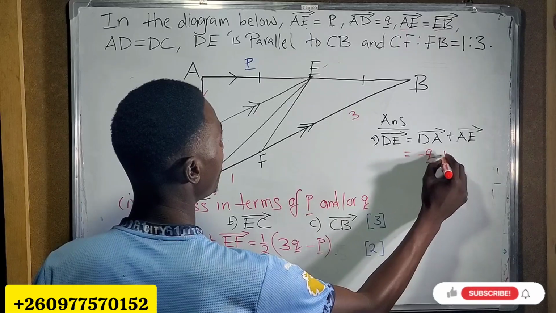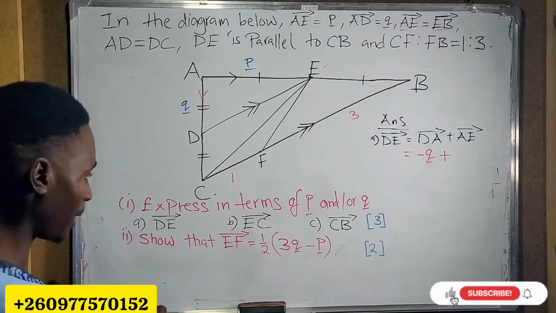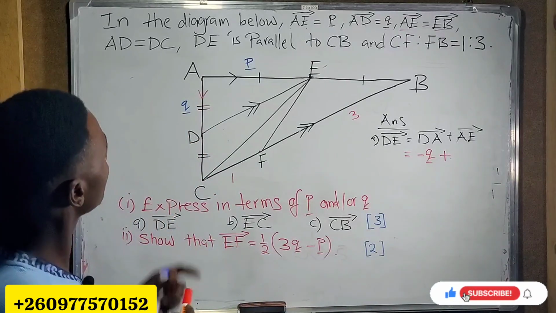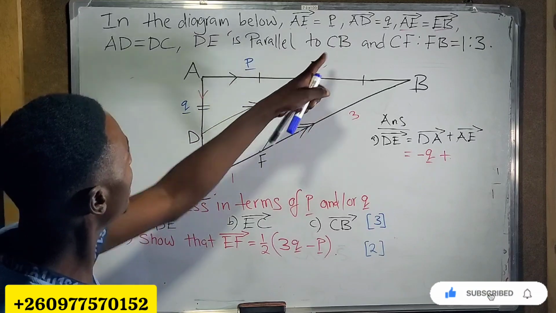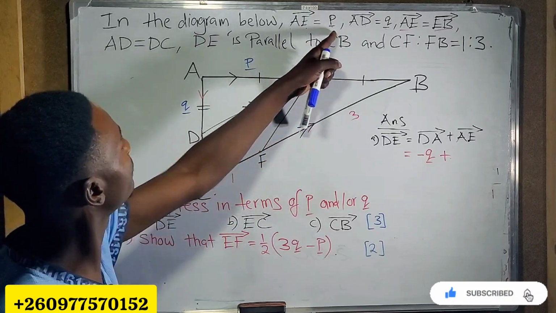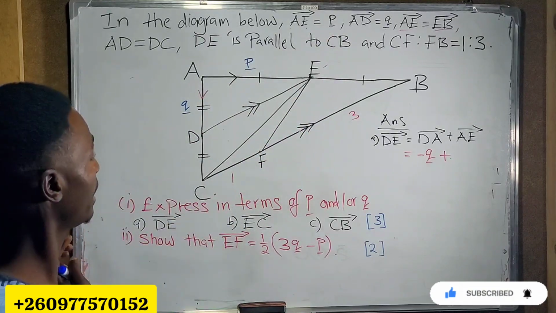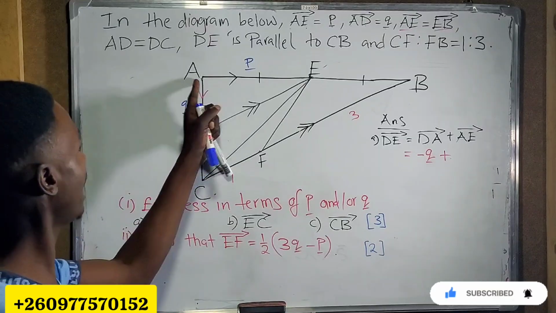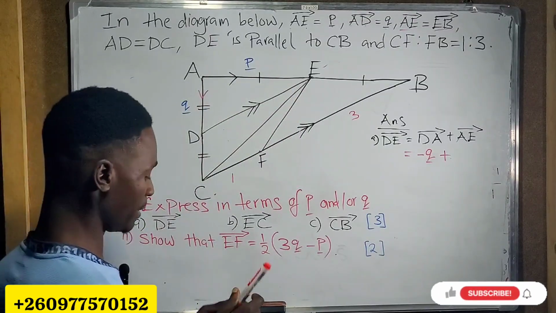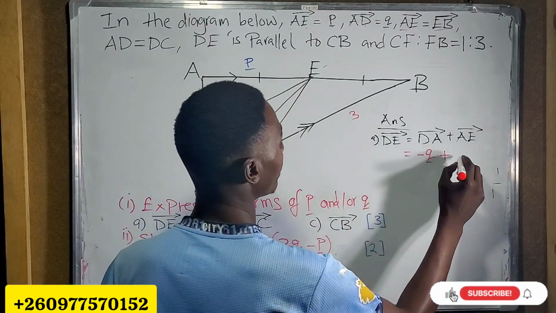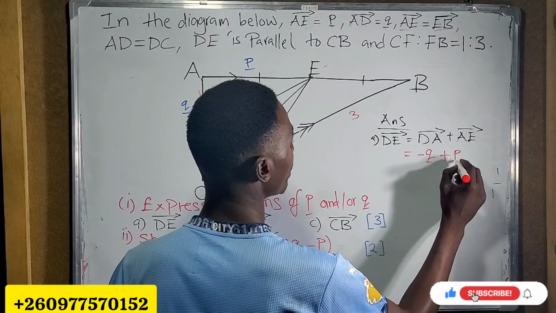Plus AE. AE is vector P. That's what I told you here, that AE is vector P. So I'm going to write it as vector P. Are we together?